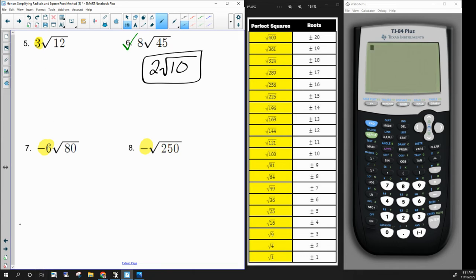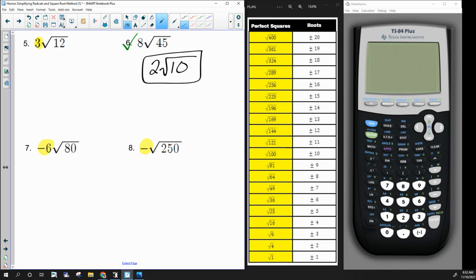12 is underneath, so we go over to our perfect square list. If you want to narrow it down even more, you divide 12 by 2, which is 6. You only have to check everything less than 6. So way down here, my only 2 radicals that are smaller than 6 are 4 and 1. But remember, 1 does not help us simplify.